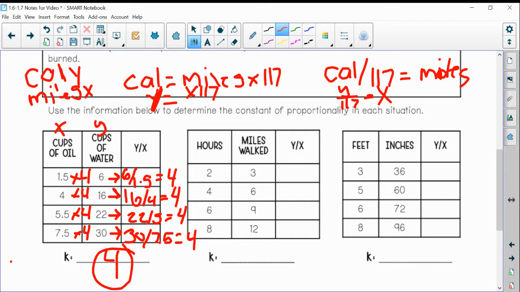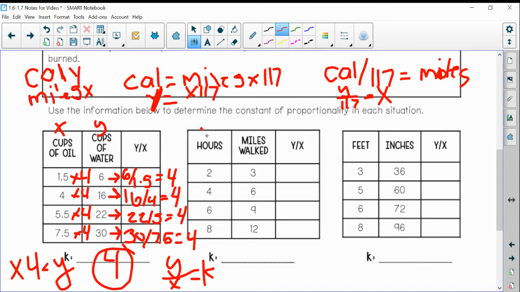So I know x times 4, our k, equals y. And I know that y over x equals k. So if I had any of my missing information, I could plug them in and figure out what we're missing.